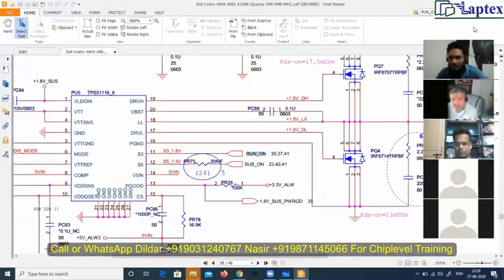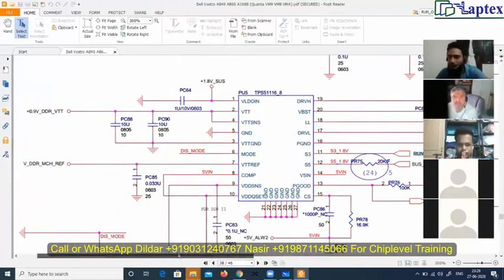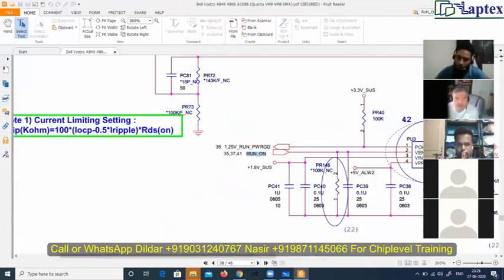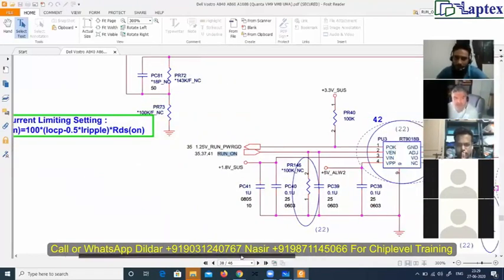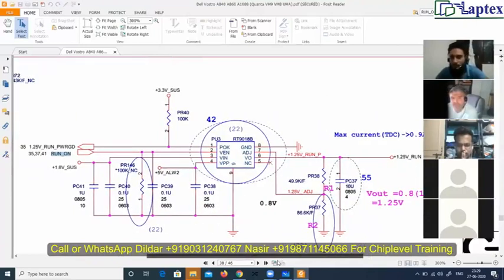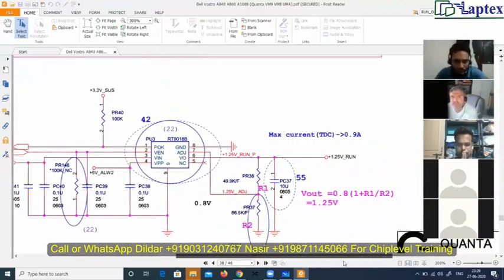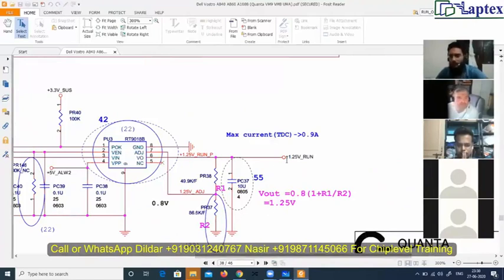All the S0 state supplies are going to be enabled here. Run-on is coming here to enable this RAM IC. I was also not getting this VTT voltage. Let's see where VTT is going. It is going somewhere else. It's not the BIOS. It's our 1.25 run supply, another run supply.